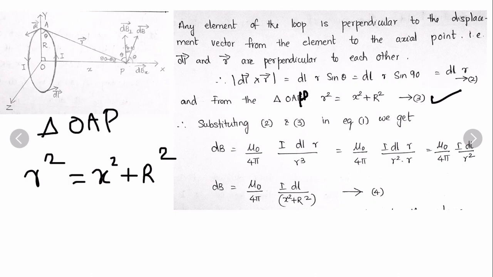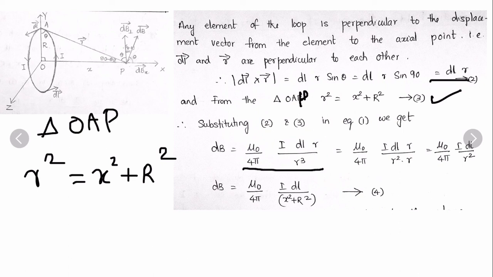We will get that dB is equal to mu 0 by 4 pi IDLR. That cross product has become DLR sine 90, which is DLR. Therefore, IDL cross r bar will become IDLR. Then after that, divided by r cube.